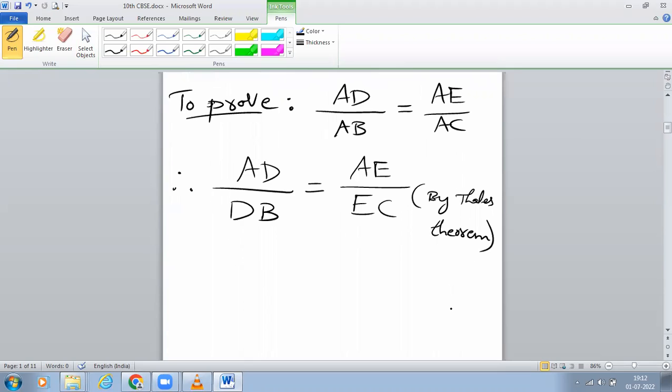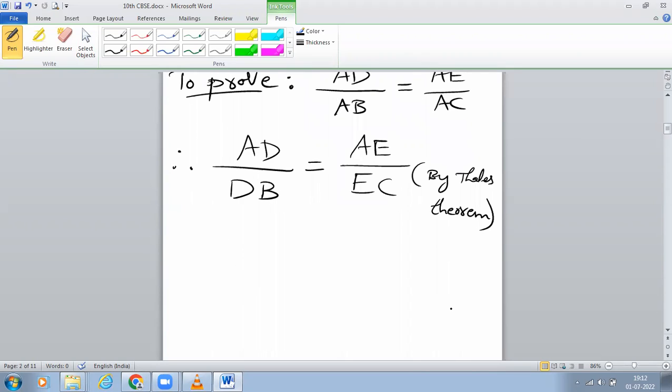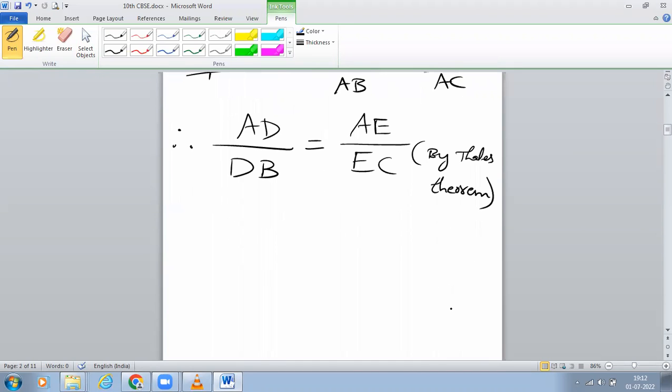So I have written the Thales theorem here. After writing the Thales theorem, I'm going to take reciprocal on both sides. Please all of you write the step: taking reciprocal on both sides. In the book they have not written this, but you can write it.